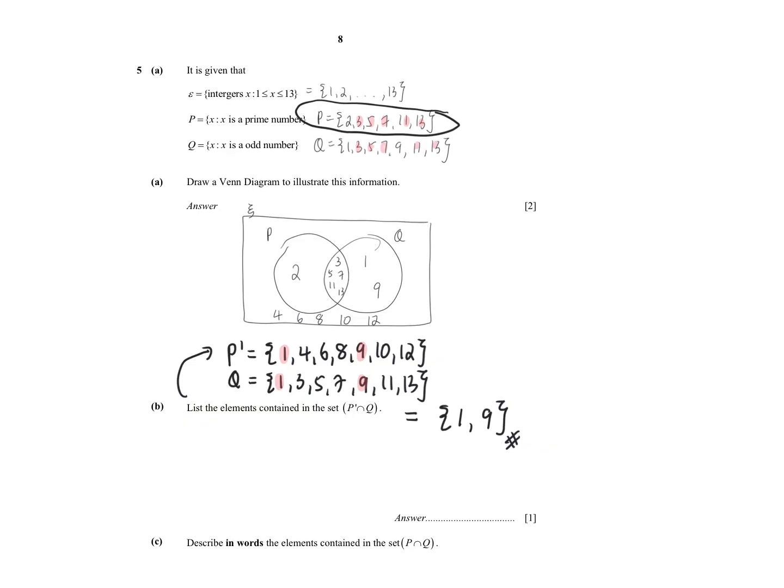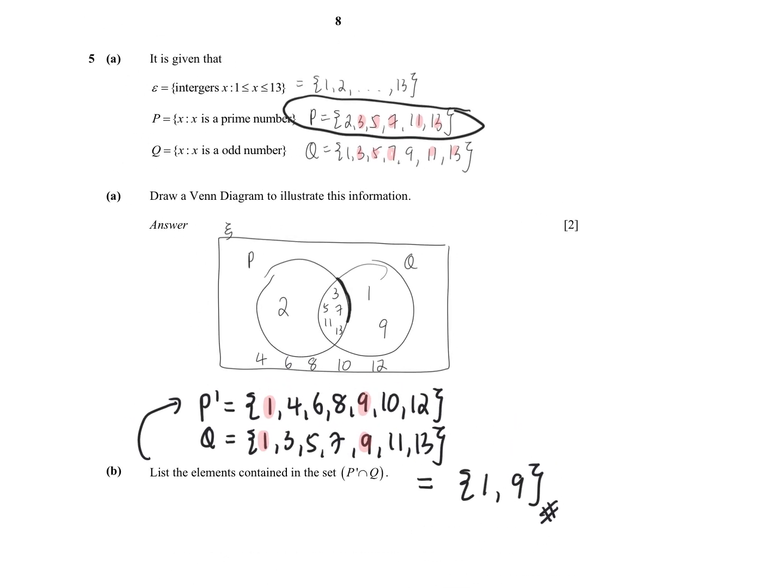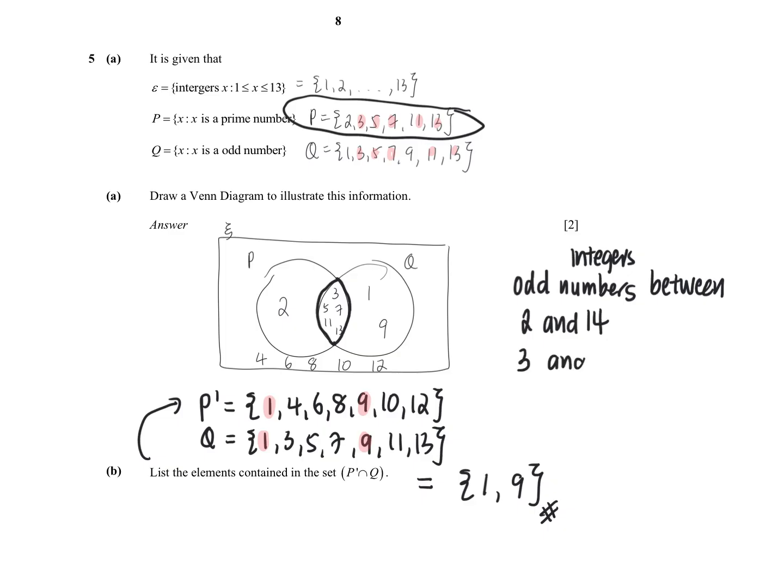Part C wants you to describe what is in the overlap of P and Q. So you can write down it is all the odd numbers or odd integers between 2 and 14. If you want to write 3 and 13, you need to include the word inclusive. Then it will include 3 and 13.